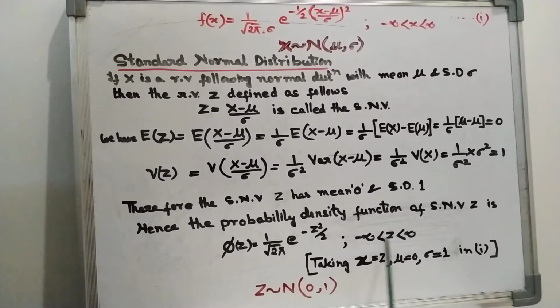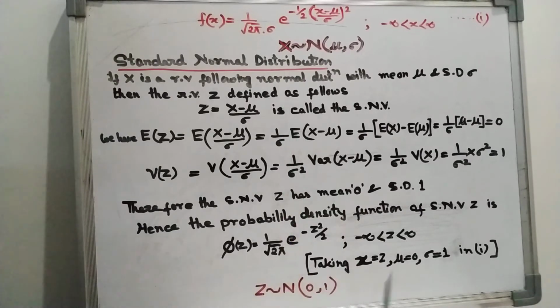Here again z lies between minus infinity and infinity. That means the minimum value of z is minus infinity and the maximum value of z is infinity. So this is the limit of z. Taking x equal to z, mu equal to 0 and sigma equal to 1 in equation 1, we get this.